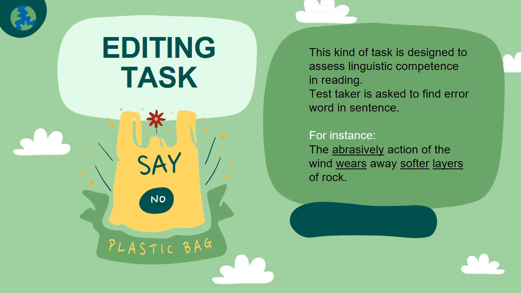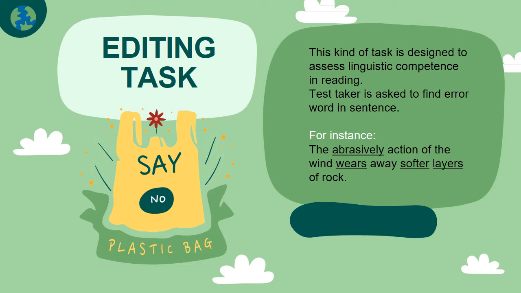The next one, we have the editing task. This type of selective assessment is designed to assess linguistic competence in reading, such as grammar or syntax. Let's see the example.